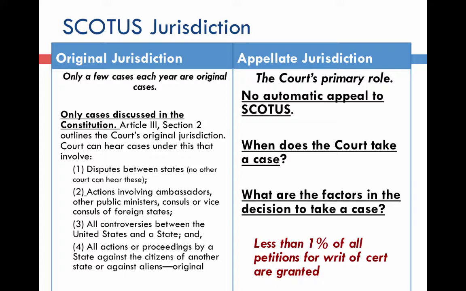And all actions or proceedings by a state against the citizens of another state or against aliens can be original jurisdiction. The last 3 you can start at district court and work your way up, but you don't have to. You can go directly to the Supreme Court. However, the court retains the right to hear those cases, but they don't have to. The only one that they have to is the disputes between states.